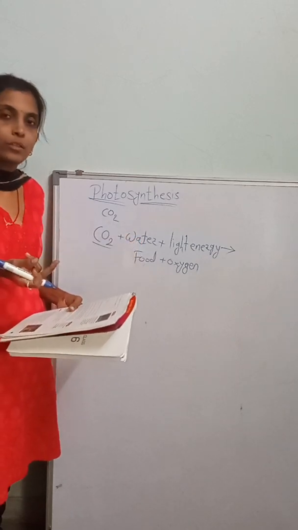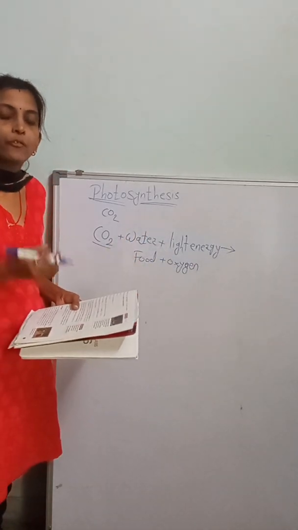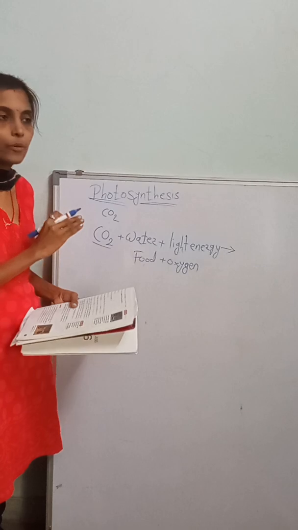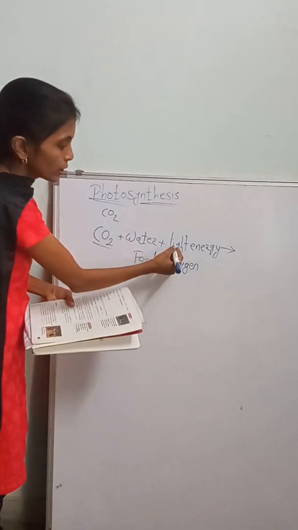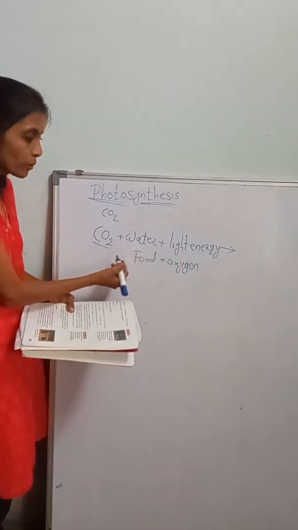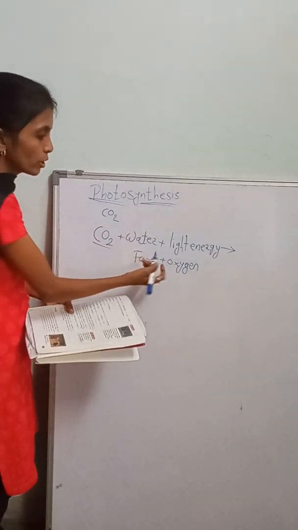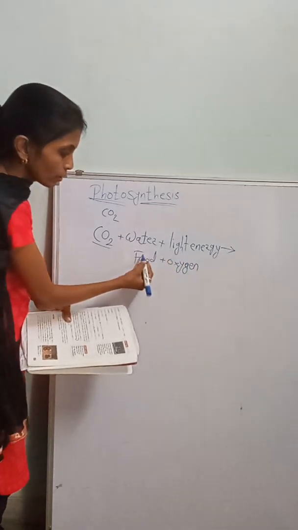Then light energy, meaning sunlight. Without sunlight this process does not happen. When light energy, carbon dioxide and water combine together, they release the food.